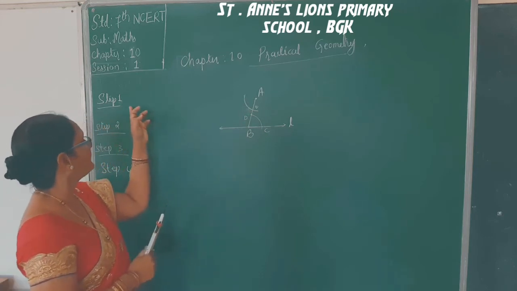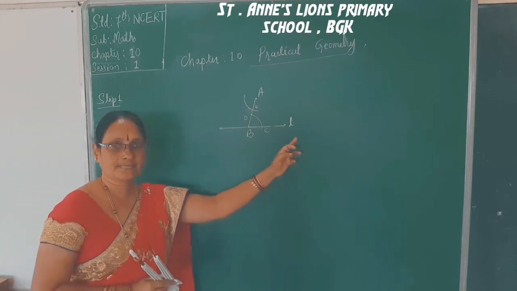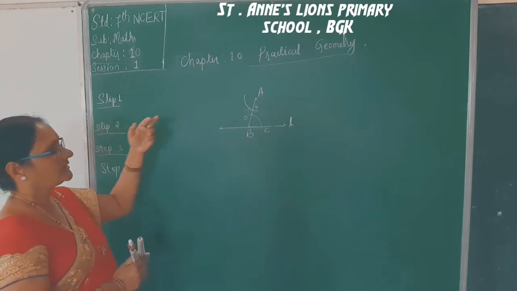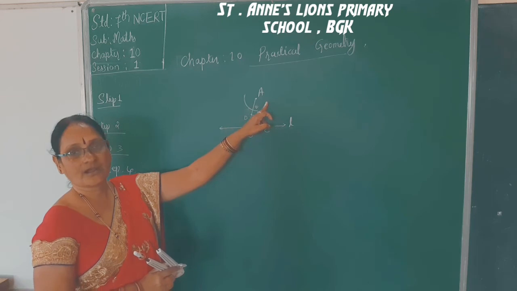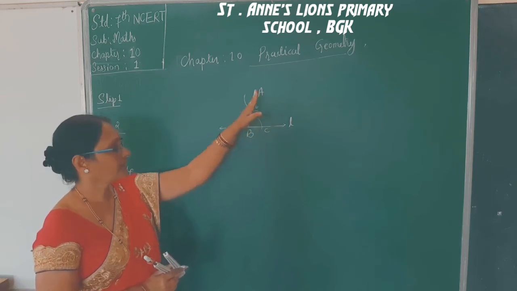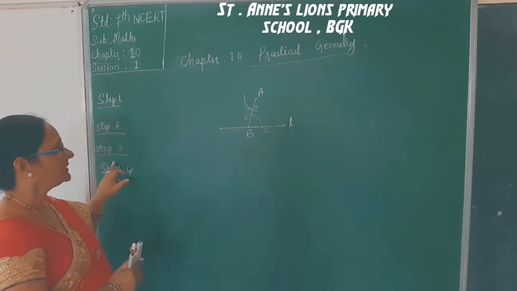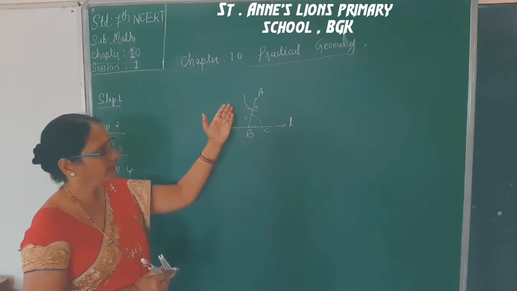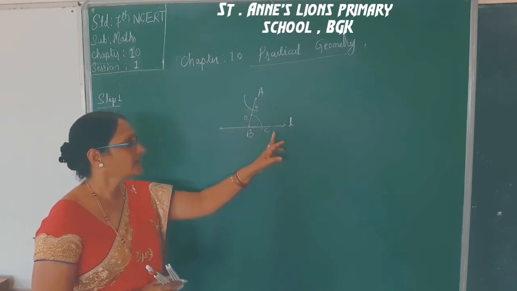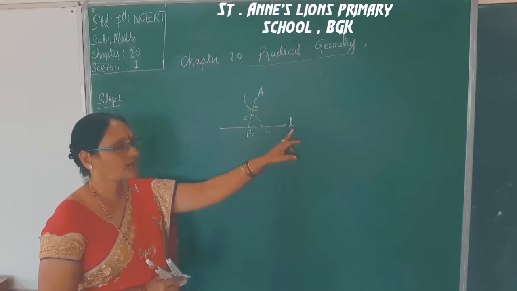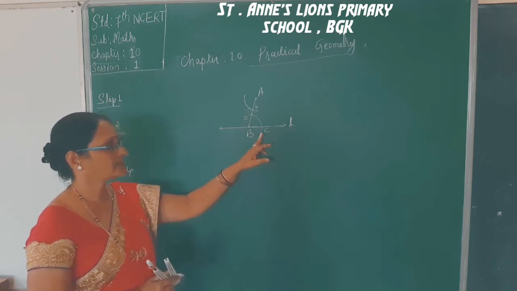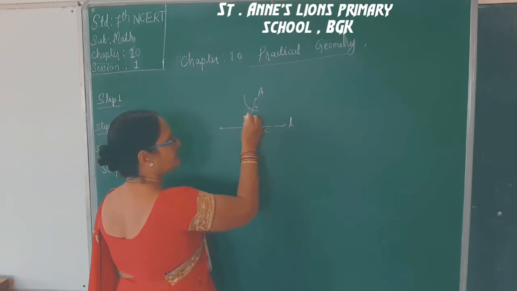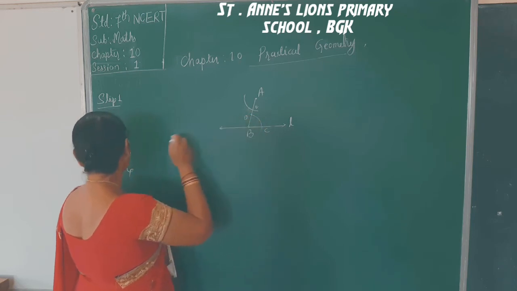First one, step 1, draw a line L and mark the point B on it. Then step 2, take a point A outside the line L, join AB. Third step, with B as the center of convenient radius, draw an arc such that it has to cut the line L at point C and the line AB at point D. This is third step.